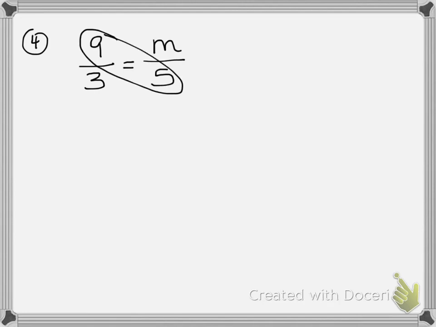There's your proportion without doing scale factors. Let me do one more here. Example number 4. Something really easy. 9 to 3 equals m to 5. Okay, the two numbers you can multiply are 9 and 5. And then when you're done, divide it by the last number available, which is the number 3. 9 times 5 is 45.